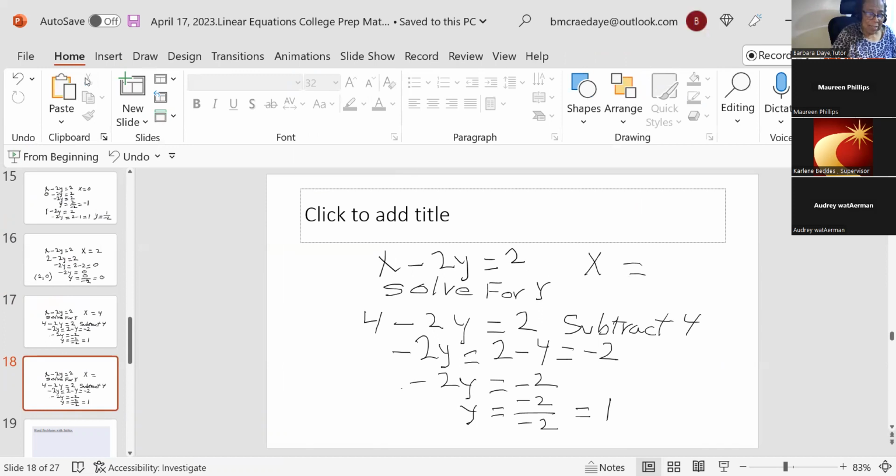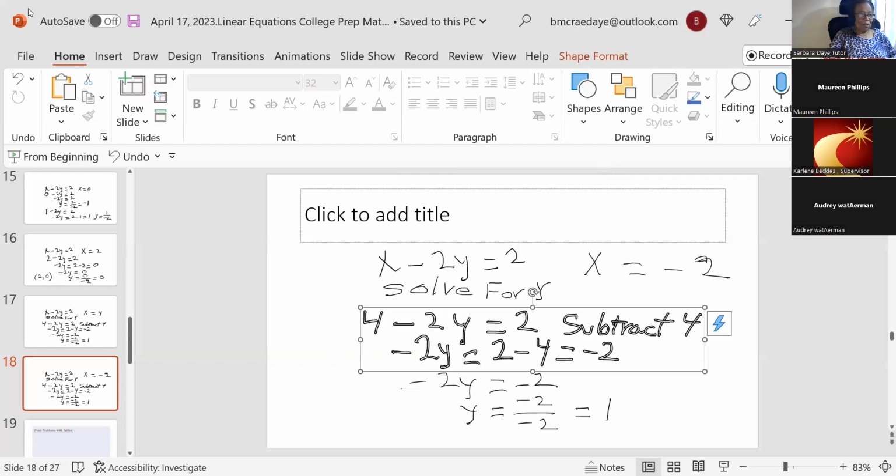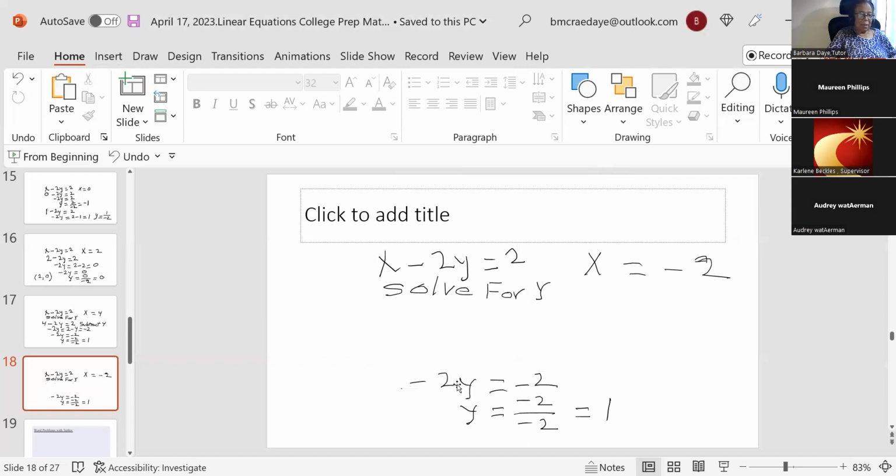And I want you to calculate it. So the x is a -2. I want you to solve for the y. Okay, x is a -2. And I want you to solve for y. So let me just take this out because that's from the other one.